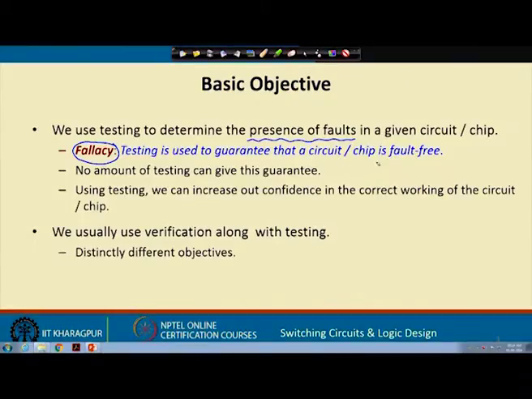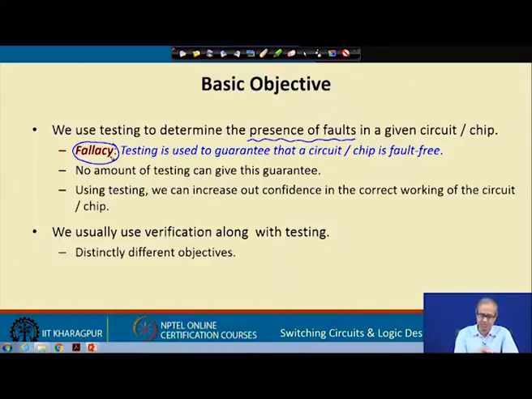Well, you can, for example, test and find out that your circuit is working perfectly at room temperature, but as soon as you increase the temperature by 5 degrees Celsius, your circuit fails. So, it is not possible to test the circuit against all possible environmental circumstances, temperature, humidity, there are so many parameters, right. Then the fluctuation in the supply voltage, there are so many issues. So, testing to guarantee that a circuit is fault free, this is a false statement. No amount of testing can give this guarantee.